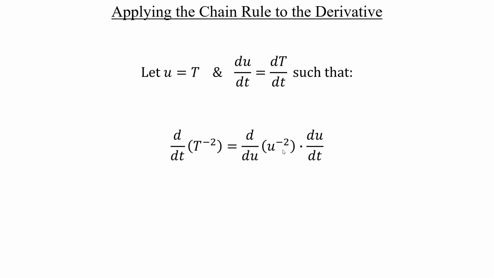And this section is where the power rule comes in. So the -2 in the exponent on u is going to become our new coefficient. And then we're going to subtract 1 from -2, which will give us -3. Okay, so we're going to have -2 times u to the -3 power multiplied by dT dt, just like this.